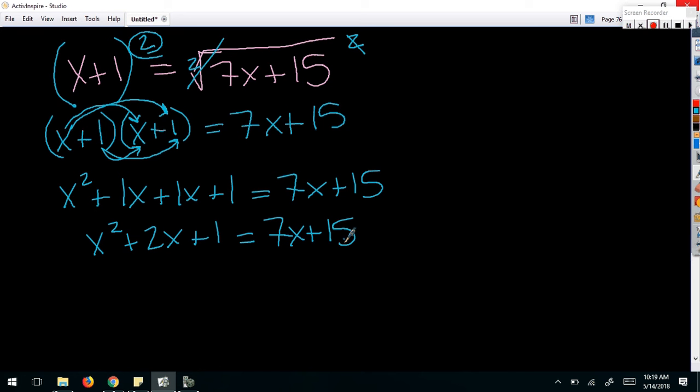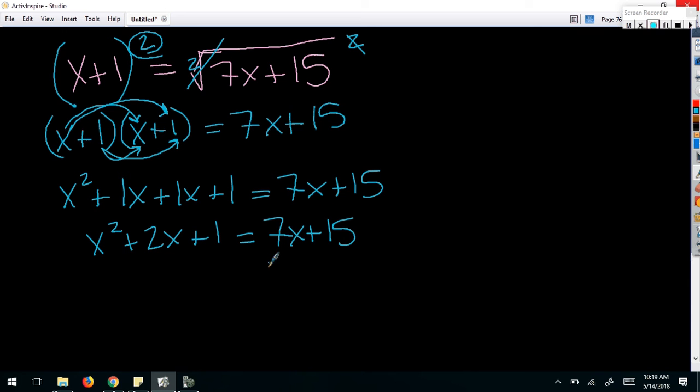Before I can ever solve a quadratic, I have to rewind back to chapter 1, because that's when we solved quadratics. I need to make it equal 0. So I'm going to combine like terms, and to do that I'm going to move everybody to the same side.